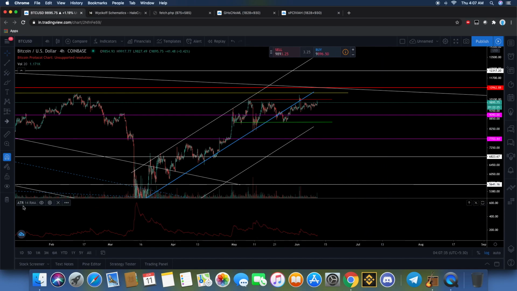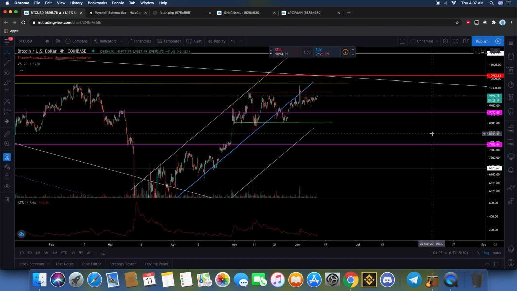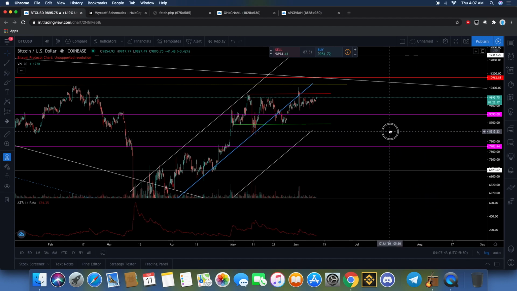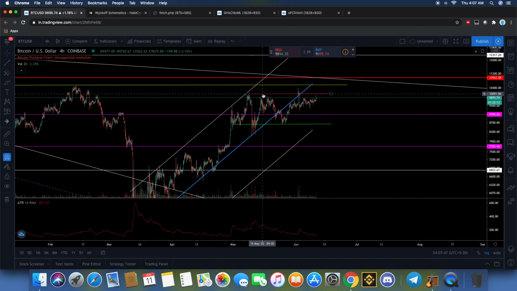Here we can see I have added the ATR indicator on the chart, and I have my levels on the chart. The market is ranging between these two levels, 8631 and 10110.